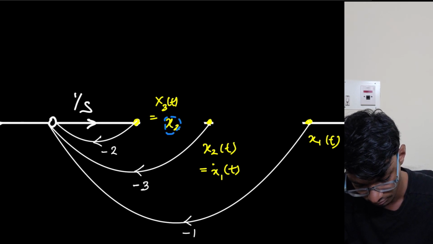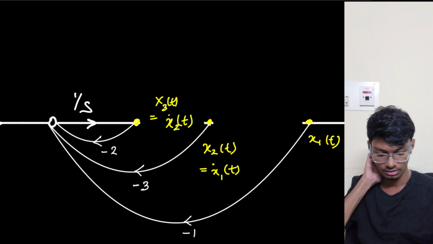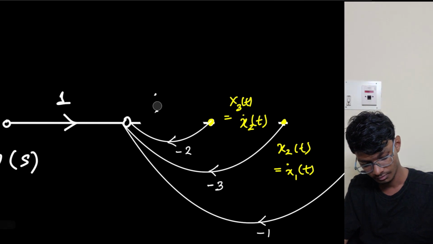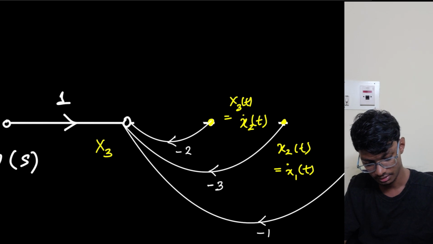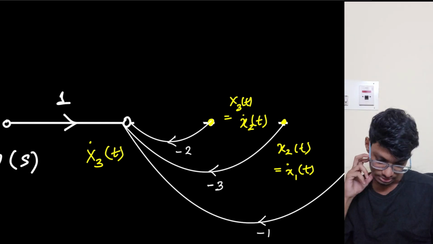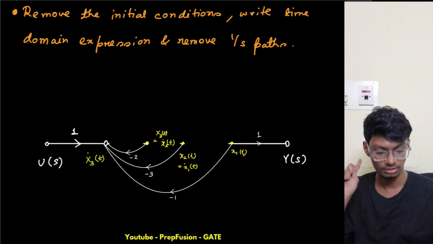Now again I will remove this 1 by s term, and this becomes x3 dot of t. So this is basically the time domain expressions, and we have removed the 1 by s terms.